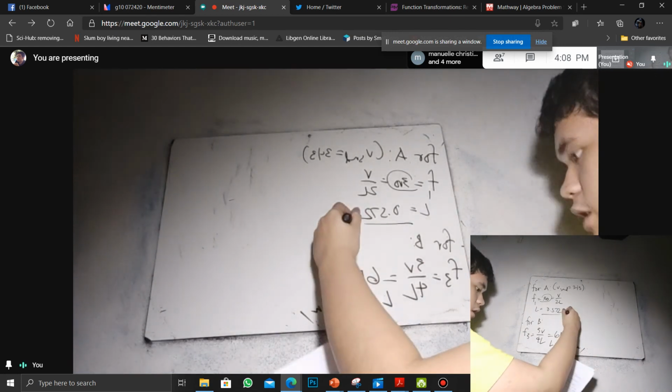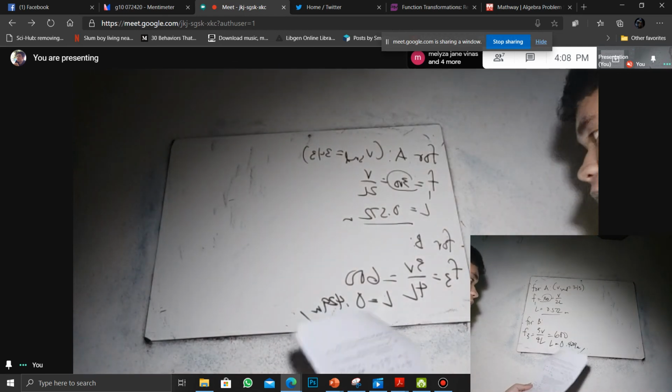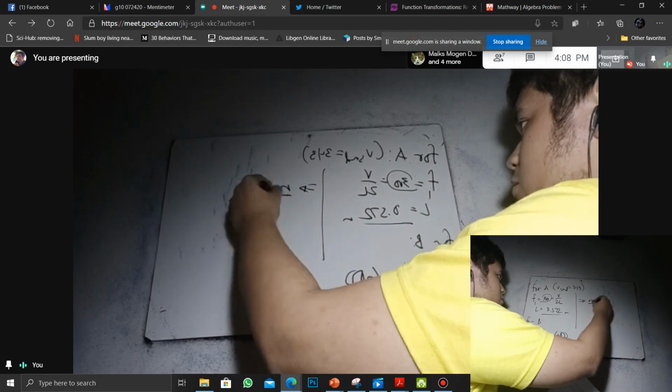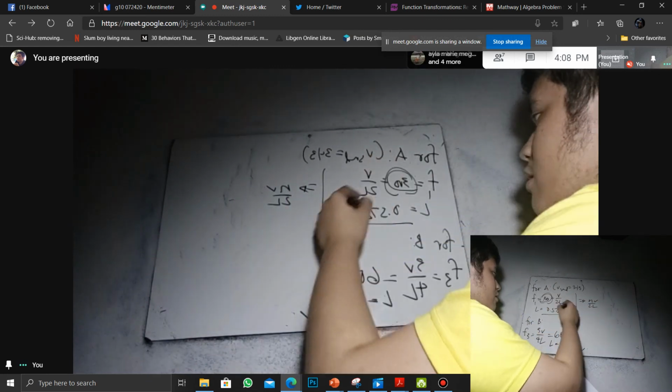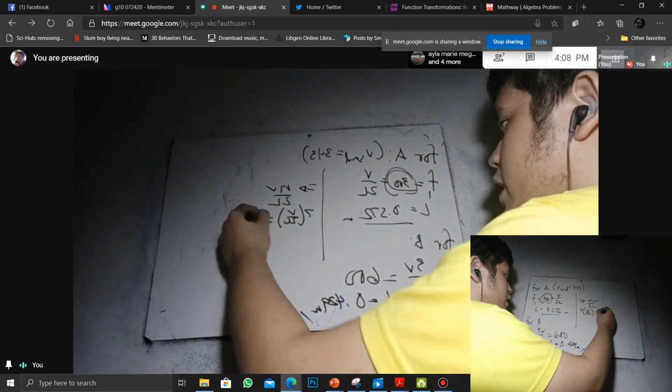Okay. For letter B, find the length, wavelength, and frequency of the sound at their 7th harmonic. So, dito muna sa A, NV over 2L. So, 7 times nito equals to 2,100 Hertz.